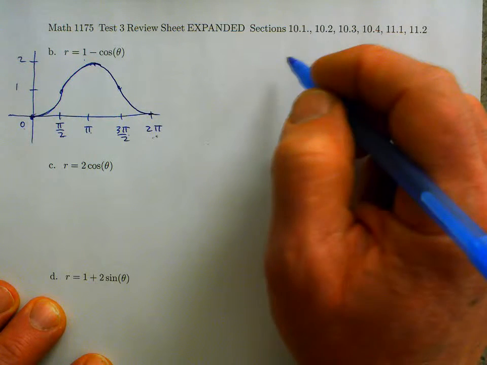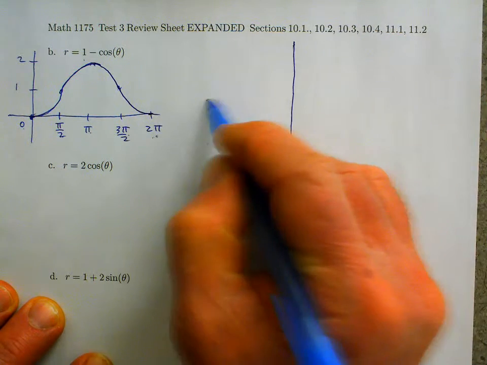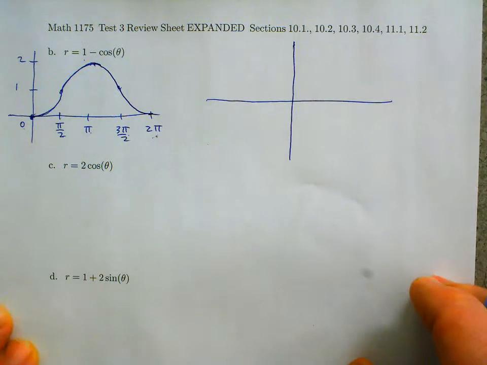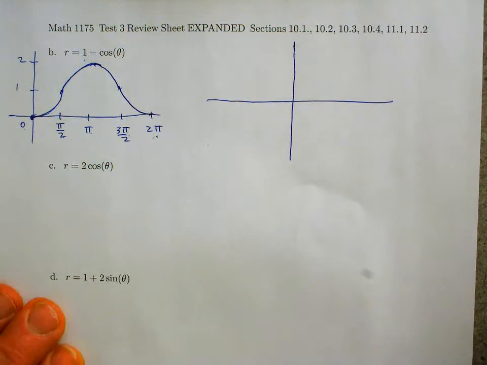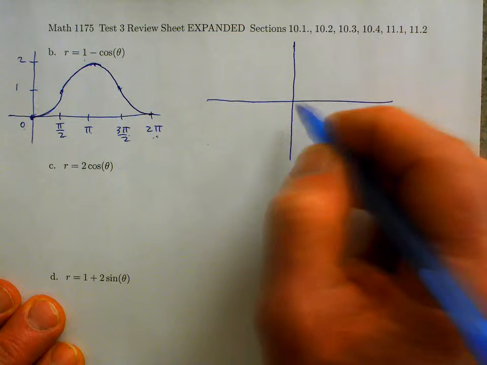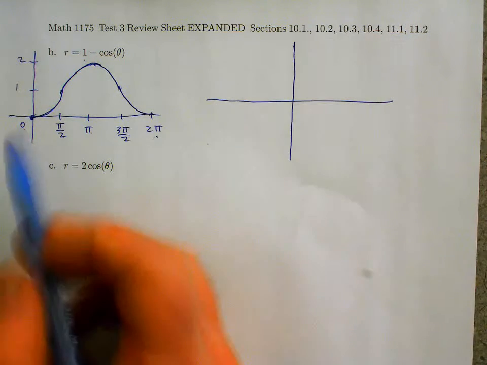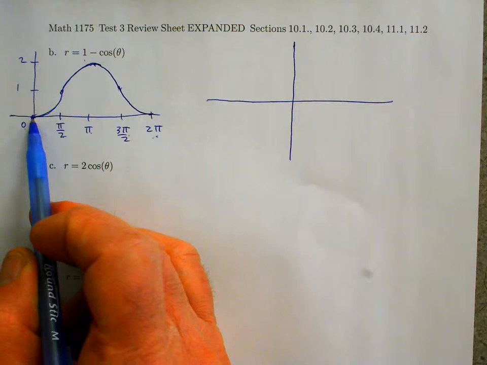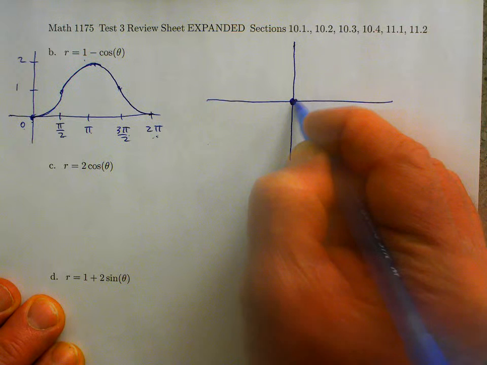Then the polar curve. So what did you get for a polar curve? When theta is 0, r is 0, so the first point is at the origin.